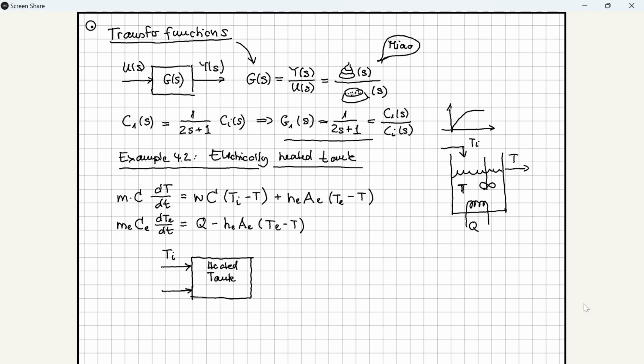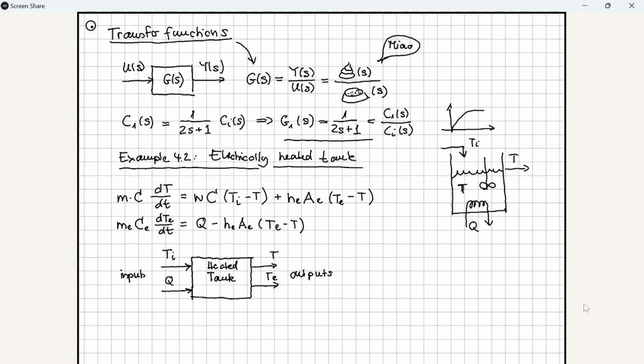And what else? The heat that we put in through the electrically heated coil into the tank. And the output variables are twofold. It's the temperature in the tank, and it's also the temperature of the heating element. So these are the inputs, and these are the outputs.